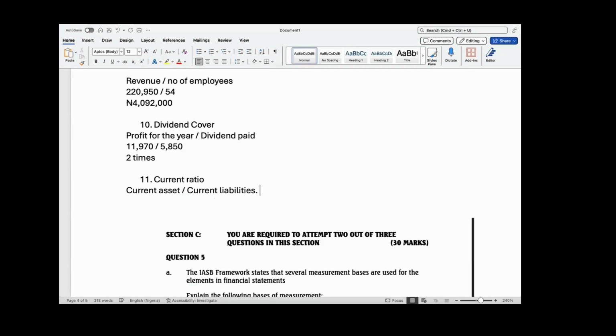Usually we expect a minimum of 2 to 1. That is, your current asset should be 2 times your current liability. This 2 to 1 should help you always remember the formula: current asset comes first, divided by current liability, so that you won't find yourself doing the reciprocal. You will lose 1 mark in the exam.